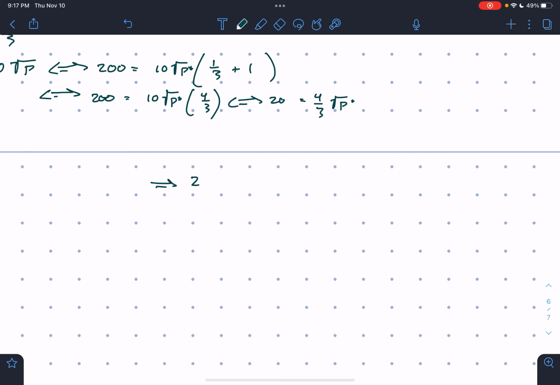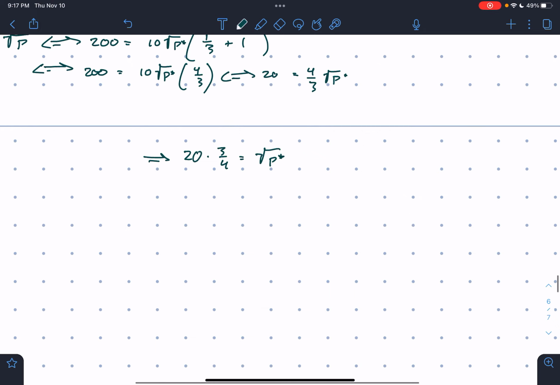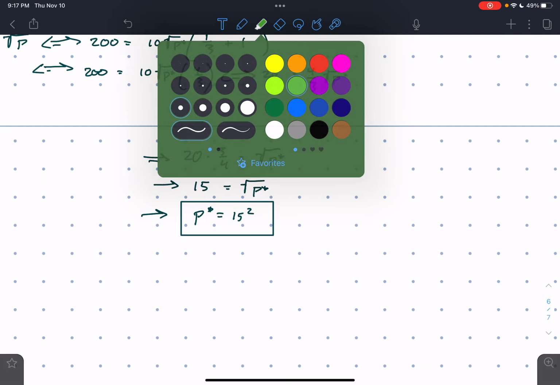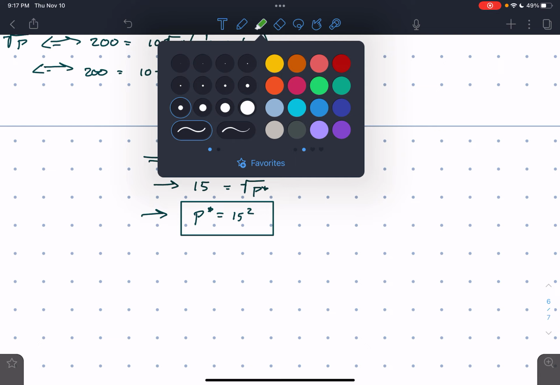So I get 20 times 3/4 is equal to root P star. This means that 15 is equal to root P. So P star is just going to be 15 squared. So this is the equilibrium price.